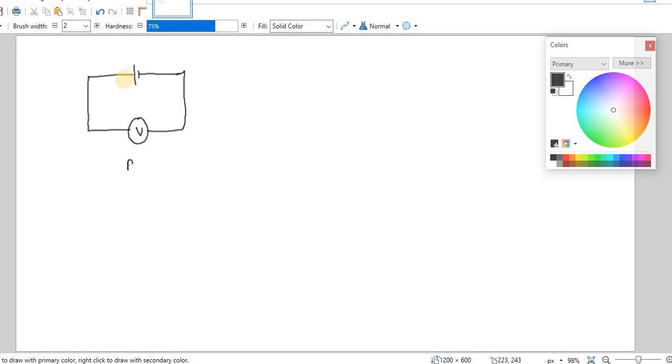You can say R is very high. Oh, I should have drawn the internal resistance. Let's do that. So this cell has an internal resistance. Just erase this part and I will draw it now.